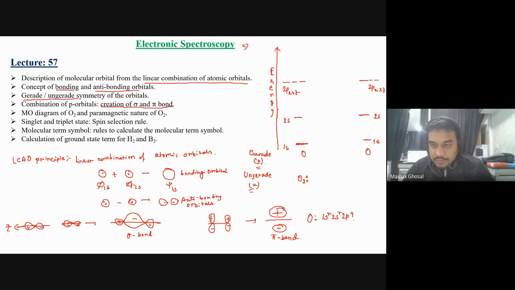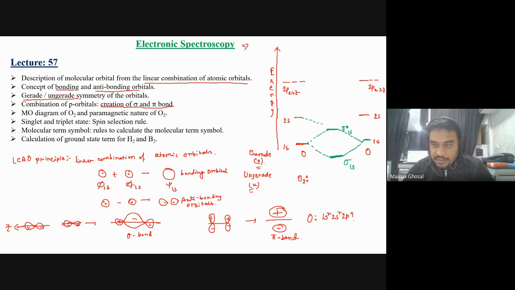Okay. So what I have said is that when two atomic orbitals combine, they give molecular orbitals. When two atomic orbitals undergo linear combination, either they can add or they can subtract. If they add, they will create an orbital which is lower in energy, known as a bonding orbital. Is this sigma or pi? This is a sigma orbital because the s orbitals are overlapping. Okay, sigma 1s. This is also known as sigma star 1s. So this is the bonding MO of 1s and this is the anti-bonding MO of 1s.